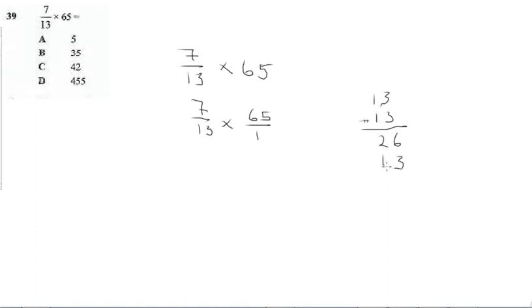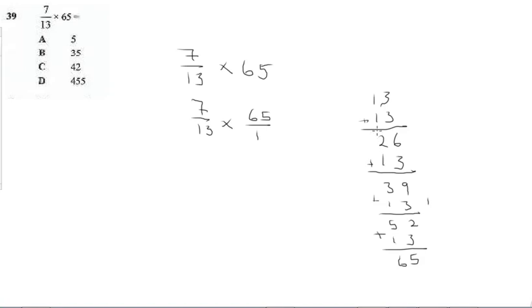Plus 13, 3 plus 6 is 9, 2 plus 1 is 3. Plus 13, 9 plus 3 is 12, carry 1, 3 plus 1 is 4. 5 plus 13, 2 plus 3 is 5, 5 plus 1 is 6. So 13 is a factor of 65.